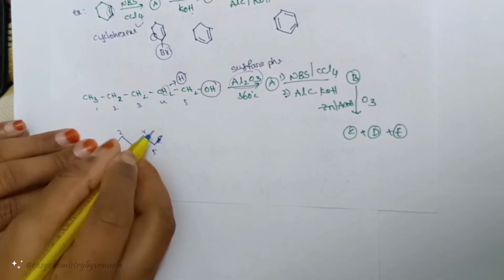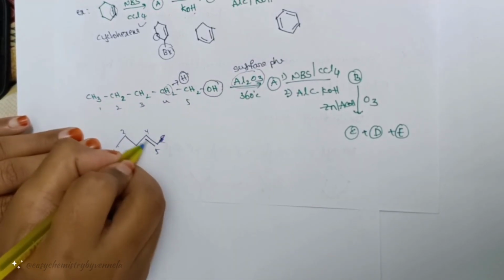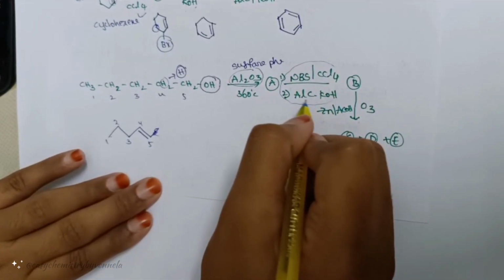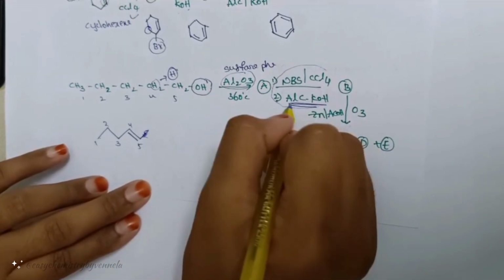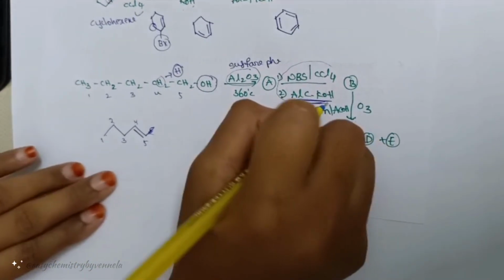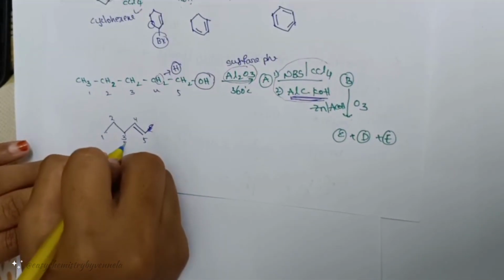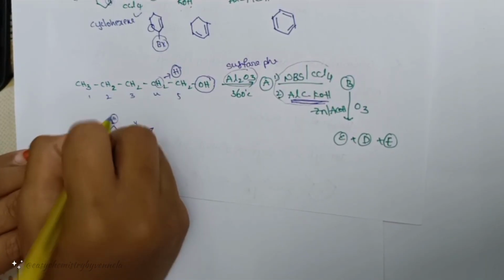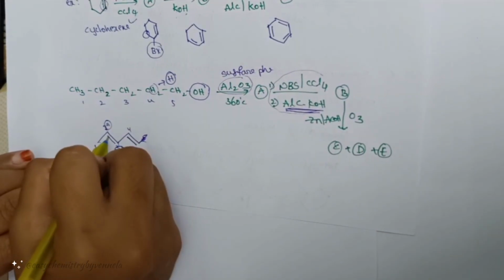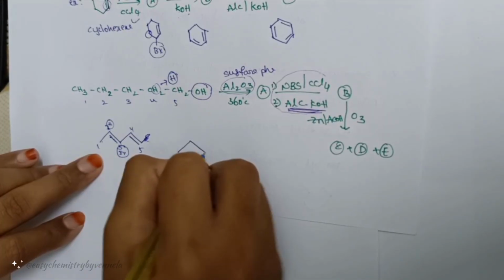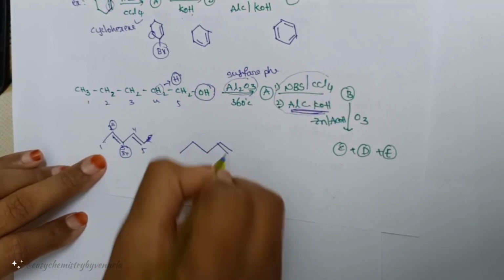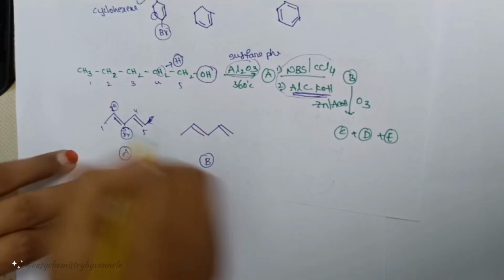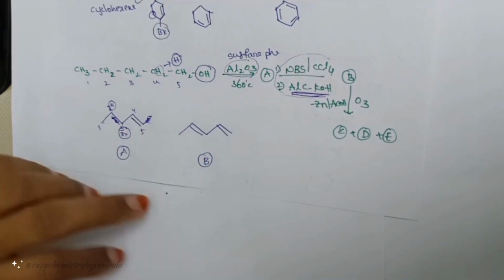So here double bond. After that, repeat the NBS, CCl4 and alcoholic KOH. Alcoholic KOH means removal of bromine and here hydrogen. So by removal of these two, it can form a double bond. Like this. This is A and this is B.